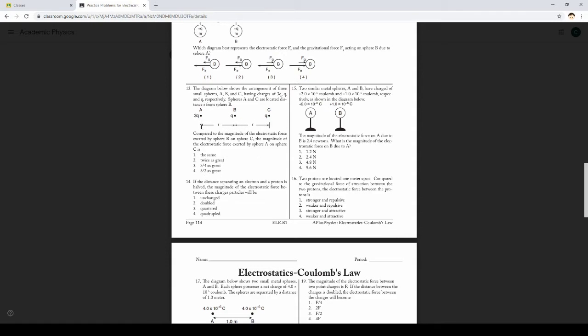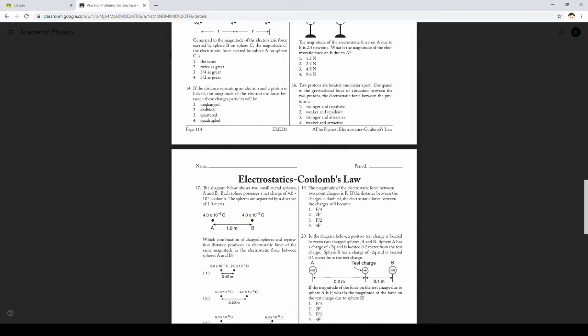But the distance is twice as big, so the r is going to be doubled. But we have to remember that r is squared, so if we take a 2 and we square it, we get a 4. Number 3 will be 3/4 as great, which actually is smaller.